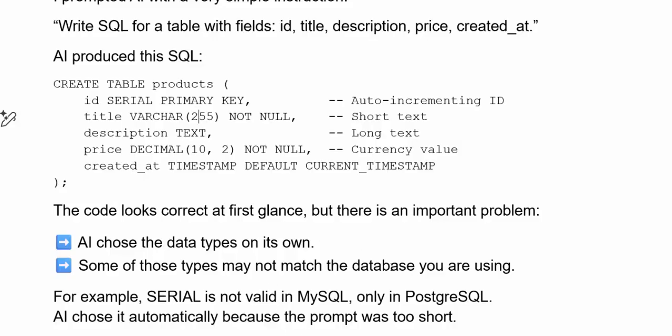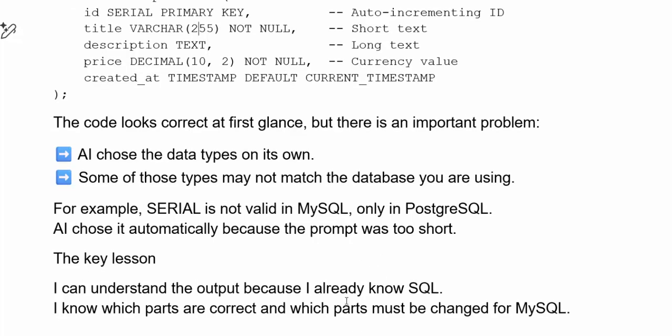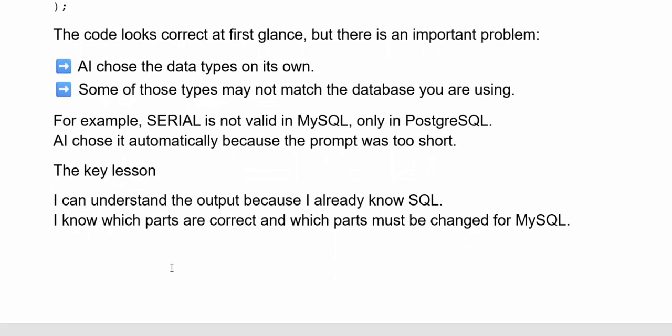SERIAL is different. The code looks correct at first glance, but there is an important problem. AI chose the data types on its own. Some of those types may not match the database you are using. For example, SERIAL is not valid in MySQL, only in PostgreSQL. AI chose it automatically because the prompt was too short.